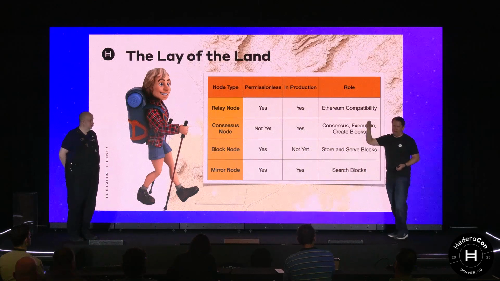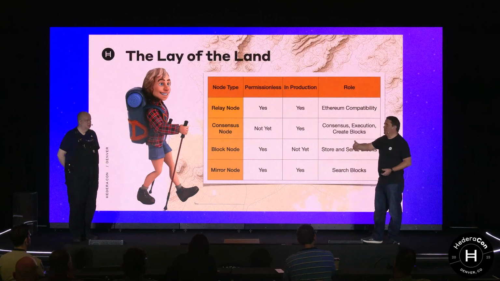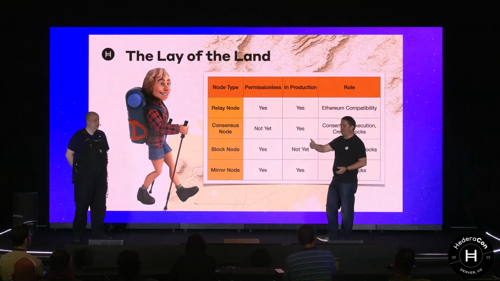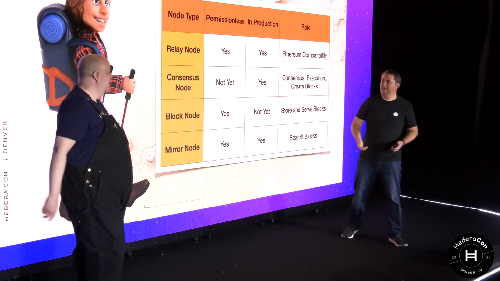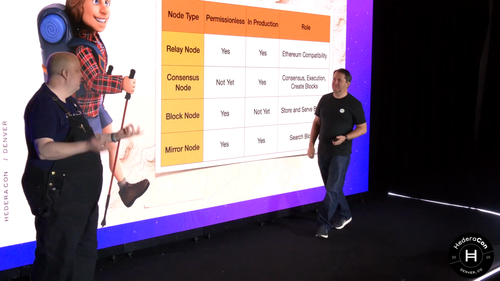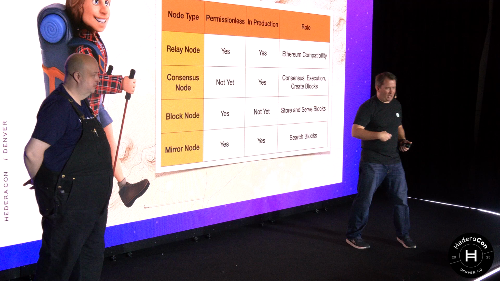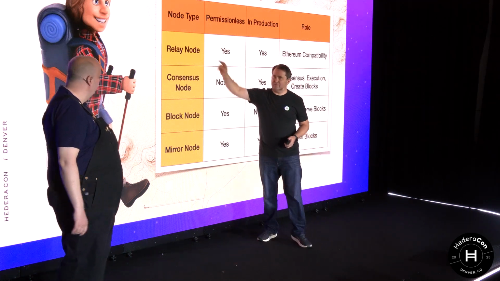The relay node implements the Ethereum JSON-RPC APIs, so if you use MetaMask or Forge or Hardhat or whatever Ethereum tool, any Ethereum tooling just works out of the box as if it's another Ethereum network. It has a network ID, looks like an Ethereum network, you can ask it for blocks, and it'll give you back blocks that it can understand, all those sorts of things. Behind the scenes, it talks to all the other nodes.